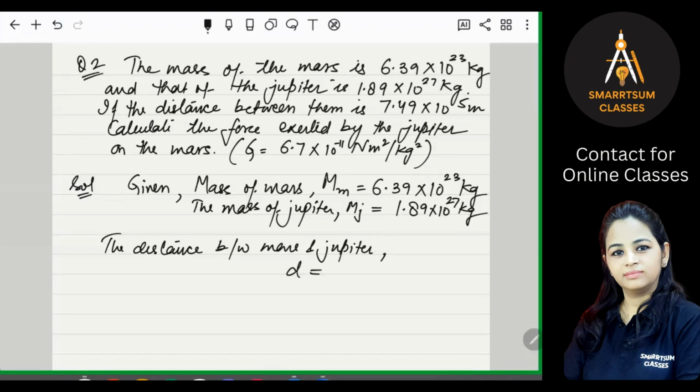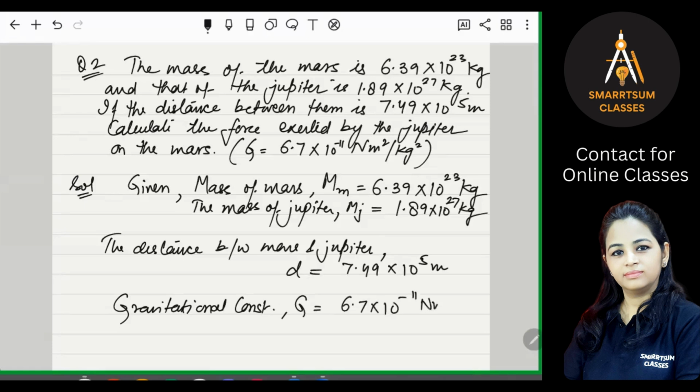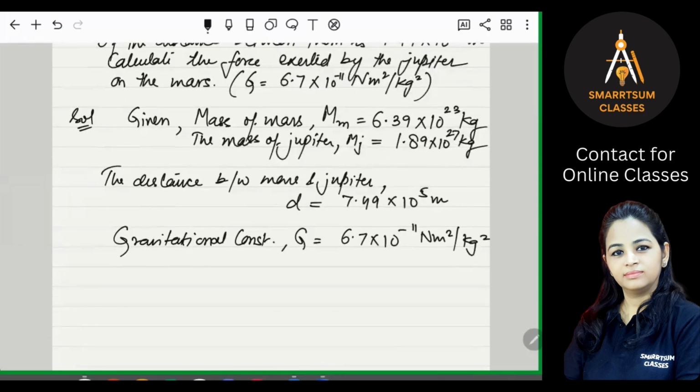D is equal to 7.49 into 10 to the power 5 meters. Gravitational constant value is also given. G is 6.7 into 10 to the power minus 11 Newton meter square per kg square. Now we have to find the force exerted by Jupiter on Mars.